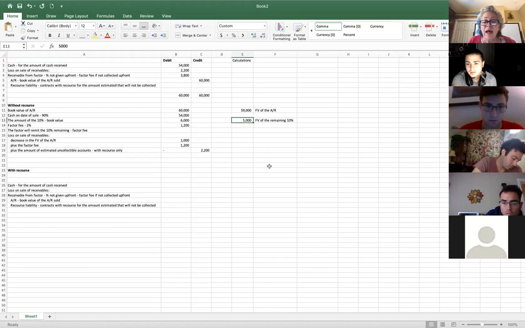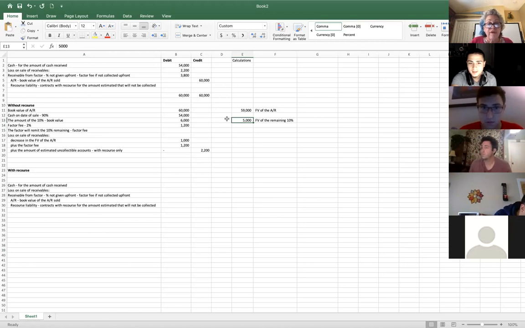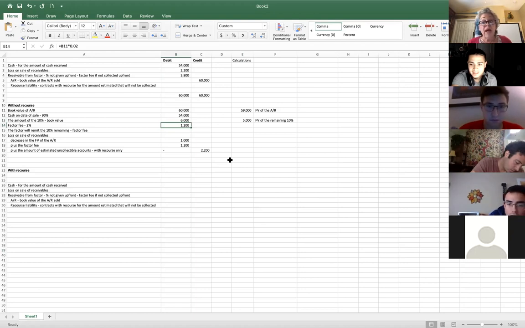Well, the fair value of the remaining 10% is 5,000, but they're going to subtract the factor fee. So the 5,000 minus the 1,200 is the 3,800. So that fair value, that 10%, will always be given. The fair value, 5,000.